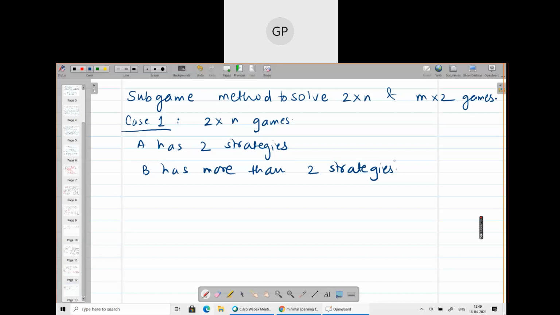Exactly. So we will consider the possible sub-games of 2 cross 2 size and solve them by the algebraic method. If they have a saddle point individually, then no problem. If they don't, then you apply the algebraic or arithmetic method, whichever you are comfortable with, and then compare all the values of the games.